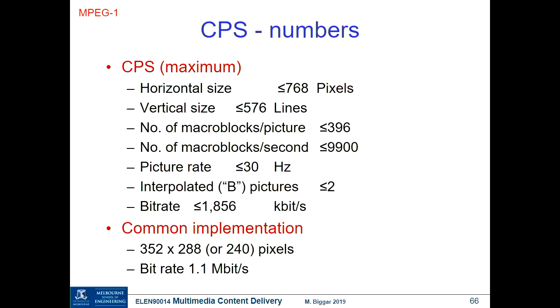Maximum number of B pictures in between the I's and P's of 2, so it couldn't be greater than 2. Operating up to 1856 kilobits per second.